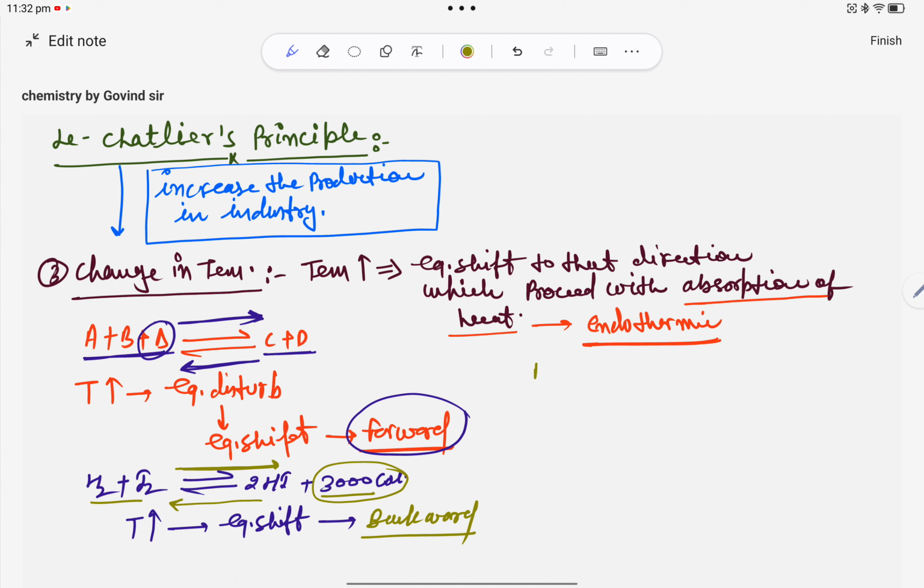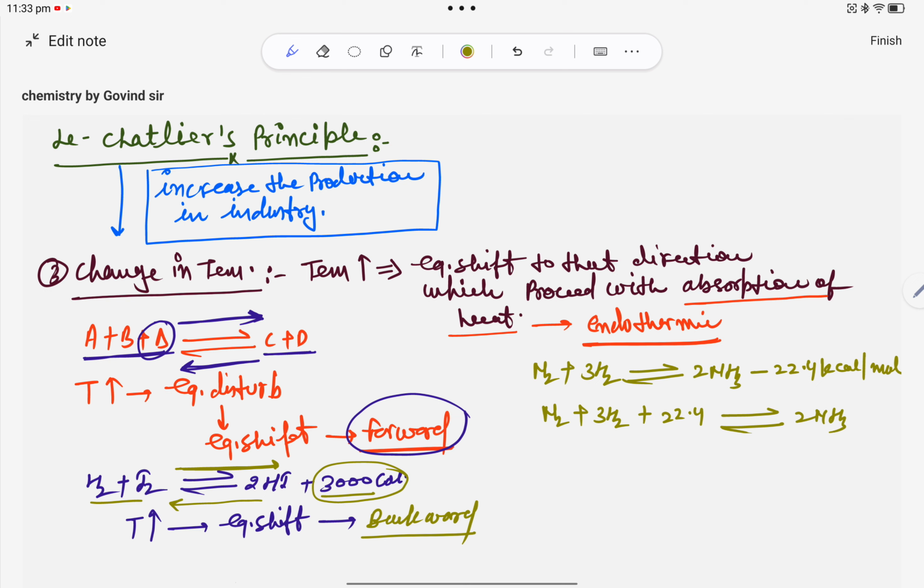More examples: N2 plus 3H2 gives 2NH3, minus 22.4 kilocalorie per mole. Now how can you write it? N2 plus 3H2 plus 22.4 kilocalorie gives 2NH3. So if you increase the temperature, then the equilibrium shifts in which direction? Which process is exothermic or endothermic?